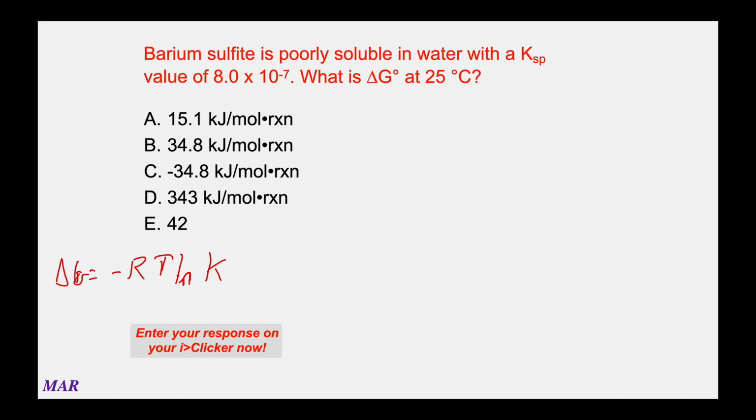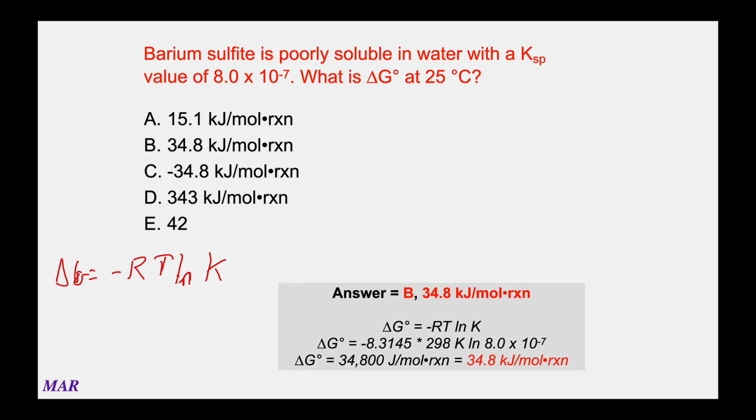You'll probably get joules per mole Kelvin out first, so you can divide by 1,000 to get kilojoules. If you do that, you get 34,800 joules. Divide that by 1,000, 34.8 kilojoules per mole reaction. So again, K's less than 1 correspond to delta G's which are positive, and that's an important thing to remember. Just like if you had a K greater than 1, you would end up with a delta G which was negative.